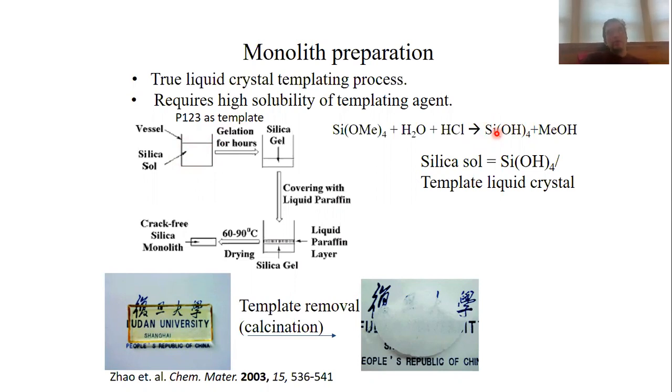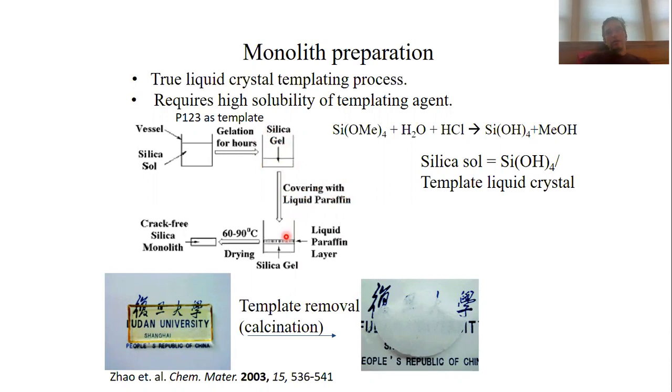Okay, so the polycondensation leads to the fact that your silica sol transforms into a silica gel. Okay, then this silica gel can be further aged, okay, in order to complete the condensation process.